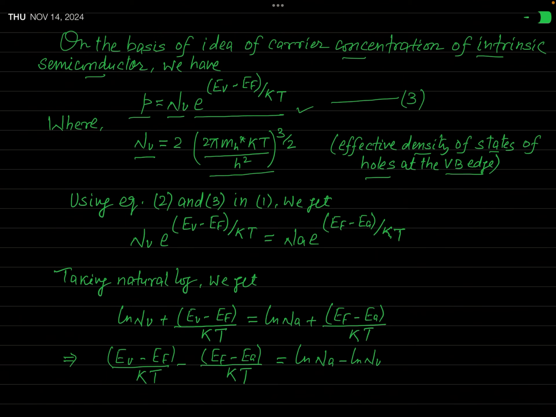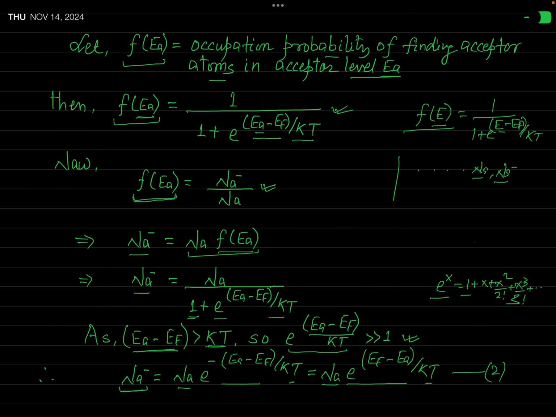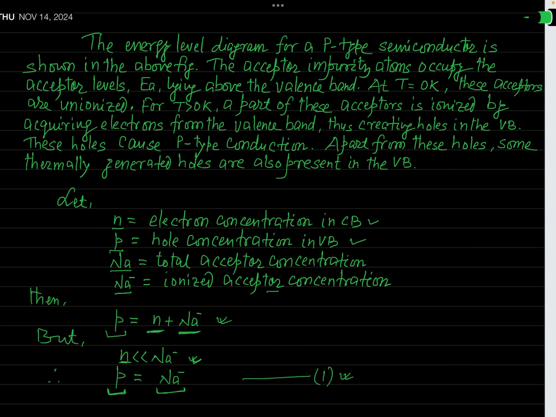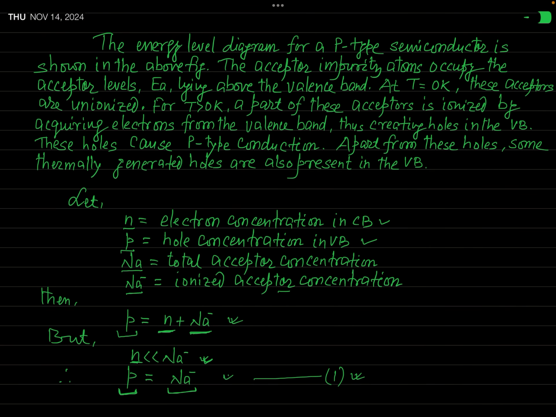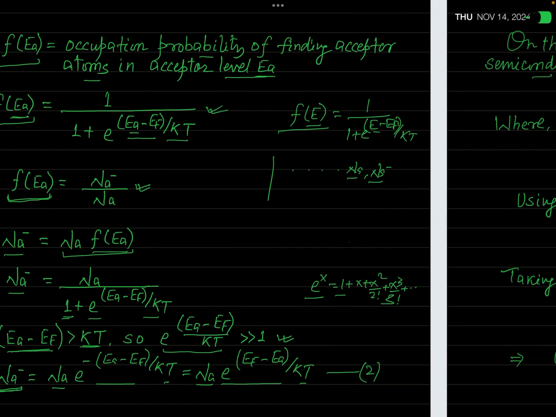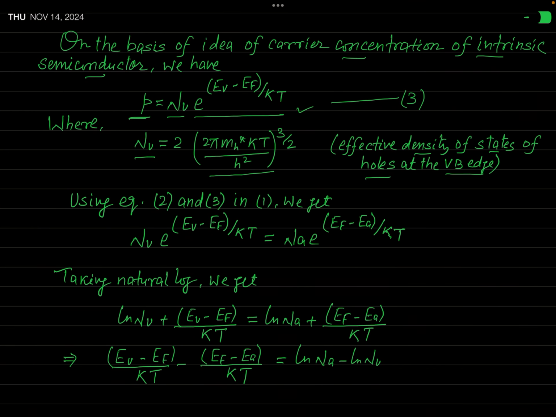Now we have obtained the value of P on the basis of the idea which we learnt in the case of a pure semiconductor, and we have also calculated the value of Na minus utilizing the idea of Fermi-Dirac statistics. Now we will substitute these two values in equation 1, and simplifying that result, we will be able to find the Fermi level.